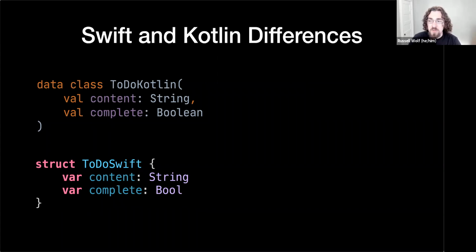What Swift tends to do is it uses a struct for that use case, which is a value type instead of a reference type, the way most things in Kotlin are. So if your Kotlin code is exposing a data class, it's going to look different to Swift developers than what they might be expecting from their native code.